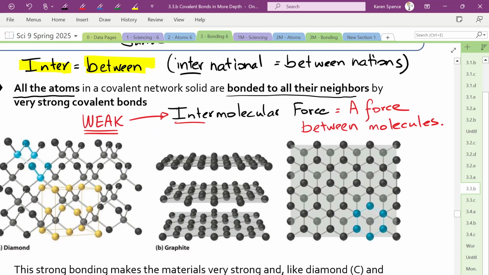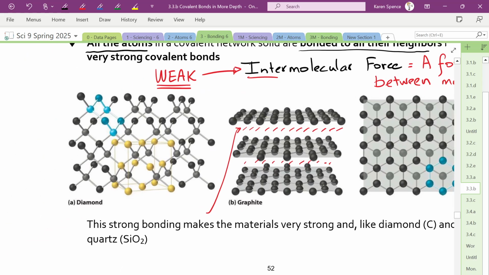And you can actually see that. Here, graphite. You can see the different layers, and in between the layers of the graphite, we have these weak intermolecular forces. And if you get tired of saying intermolecular forces, you can say IMFs.